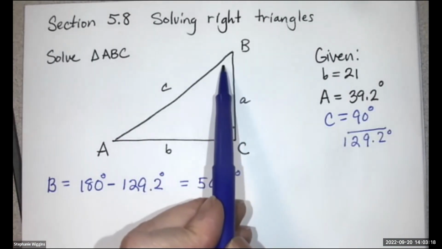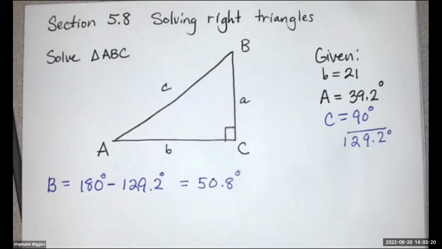So this angle here, B, is 50.8 degrees. Okay, so that's our first piece of information.